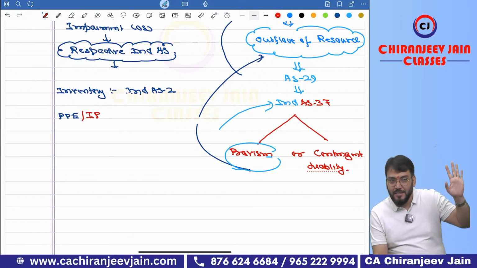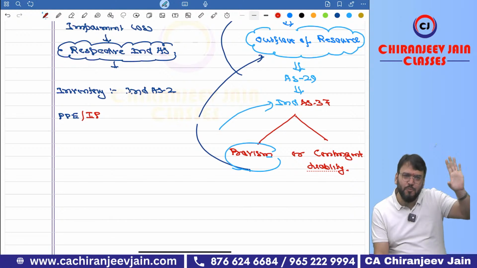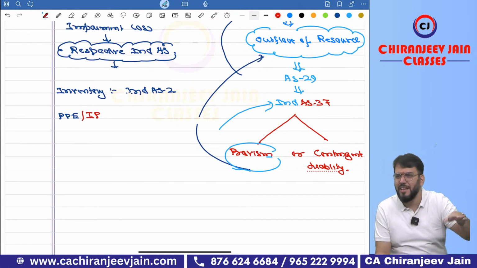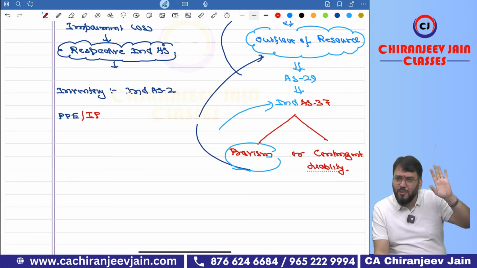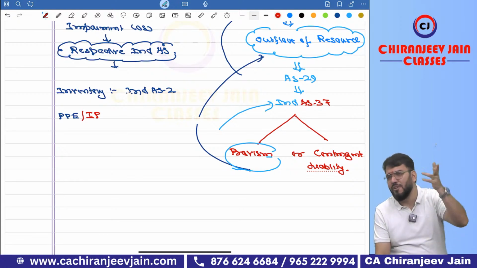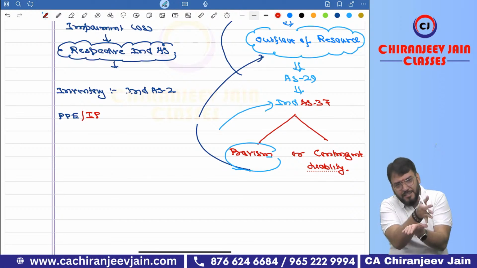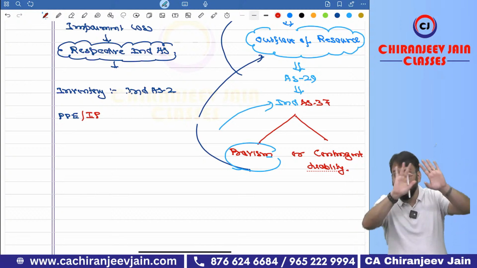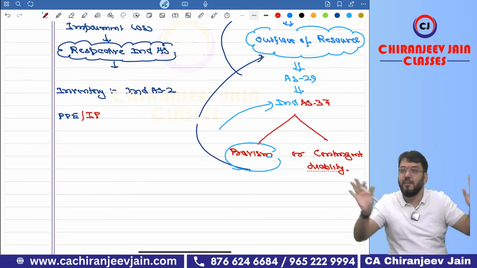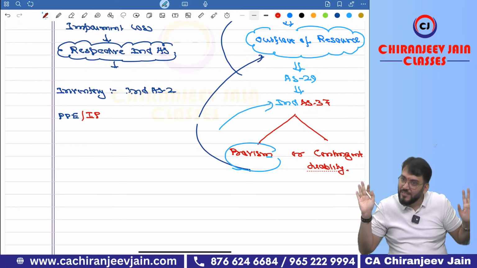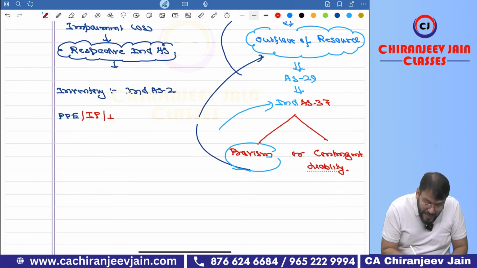There was AS 13, but a very small portion was given. Leave AS. Now I will only talk about Ind AS, otherwise a lot of confusion will come. I will not use the word AS now. Okay, sir. And IA, IA means what?